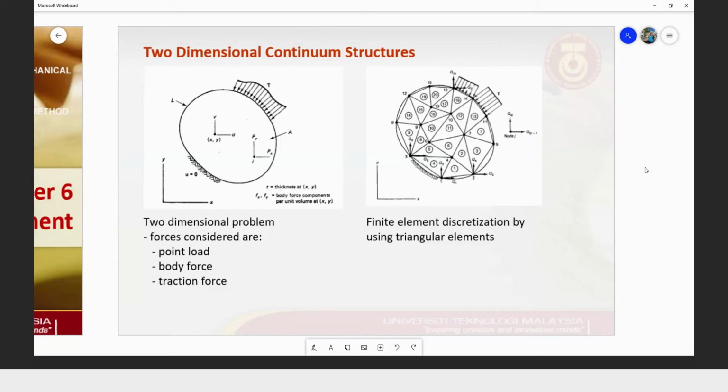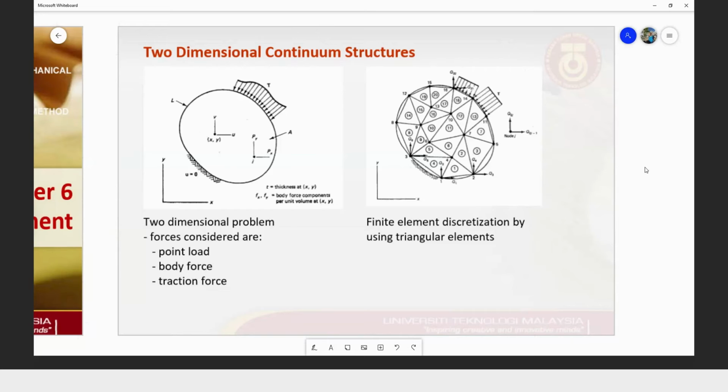But if you want to look into very detailed distributions of, for example, stress and strain, and probably you may be interested in the distribution of displacement across the cross-sectional area of your structures, then we may need to extend our analysis to 2D or 3D space.